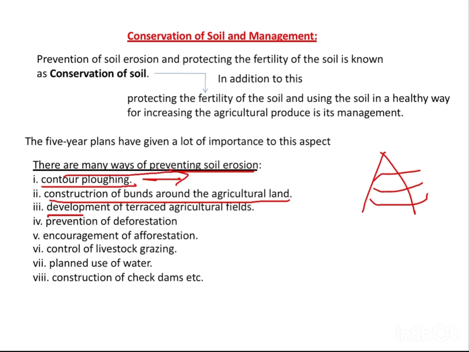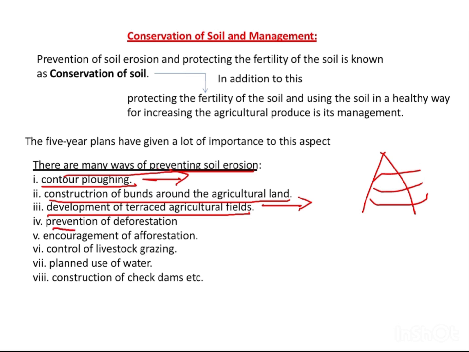Third one is the development of terraced agricultural fields. This is mainly practiced in hilly regions. The agricultural lands are converted into step-like plots for agriculture.